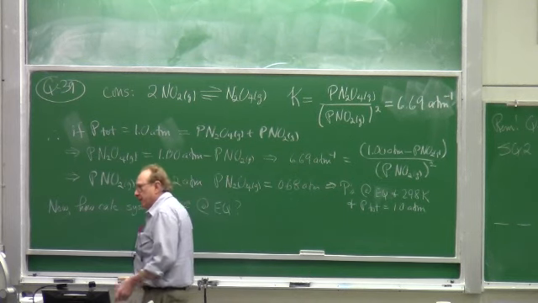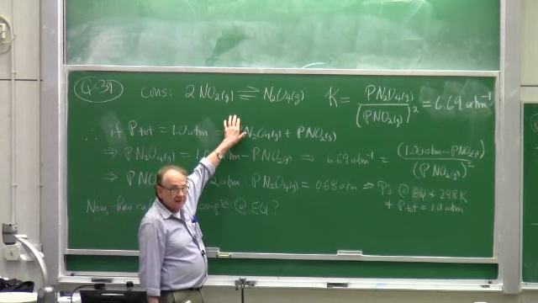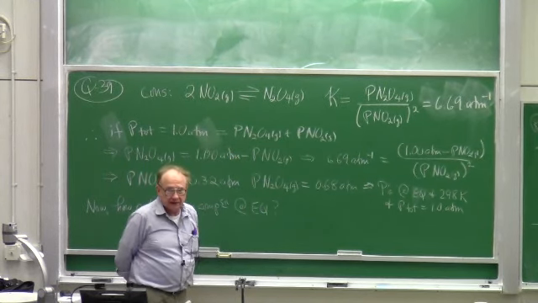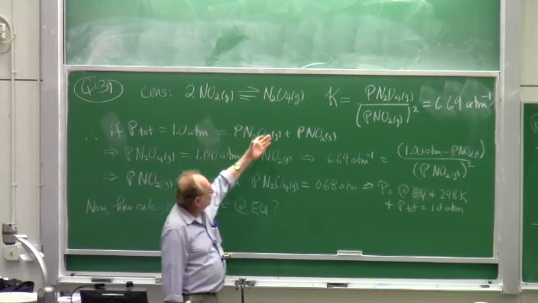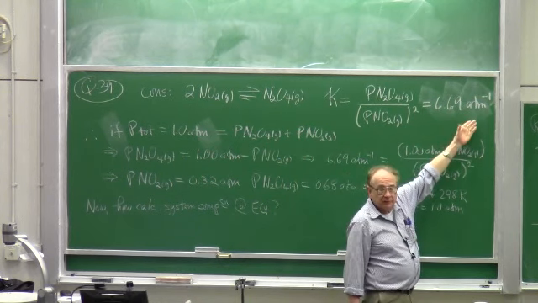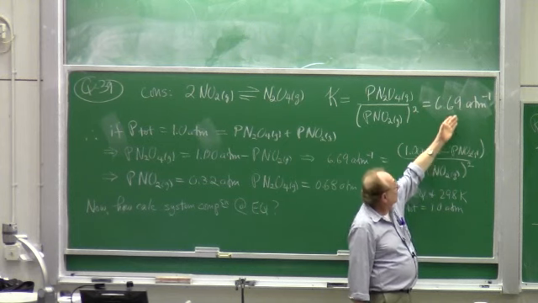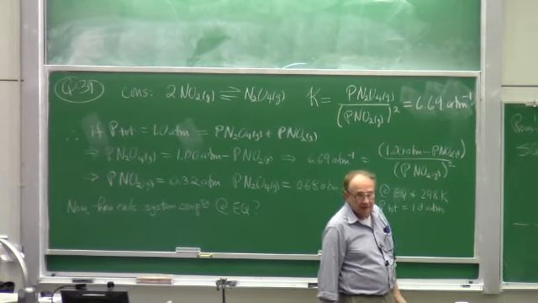Now, question 39, as it's stated in the notes, I believe, is for this very same system, of course, but with the reaction equation written in the opposite direction. That doesn't matter. With the reaction equation written in this direction, this is the equilibrium constant expression for which the units will be atmospheres to the minus 1. The value is 6.69. Where does the value come from?